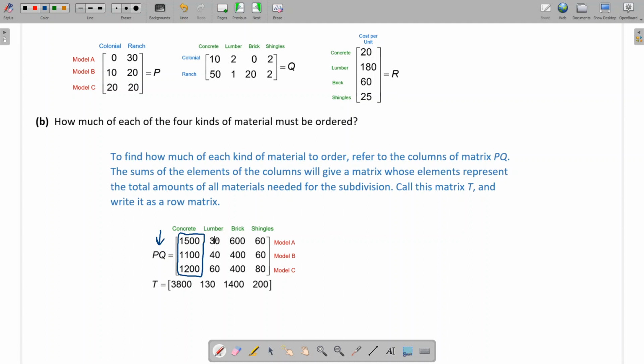Add all of that column to get all of the lumber, add this column to get total units of brick, and add that column to get total units of shingles. So we're going to refer to that new matrix as matrix T. The operation we did here does not really correspond to any operation we talked about today. This just works. If you add this column down, it gives us the total of that column, total amount of concrete, etc. So this tells us how much of each must be ordered.